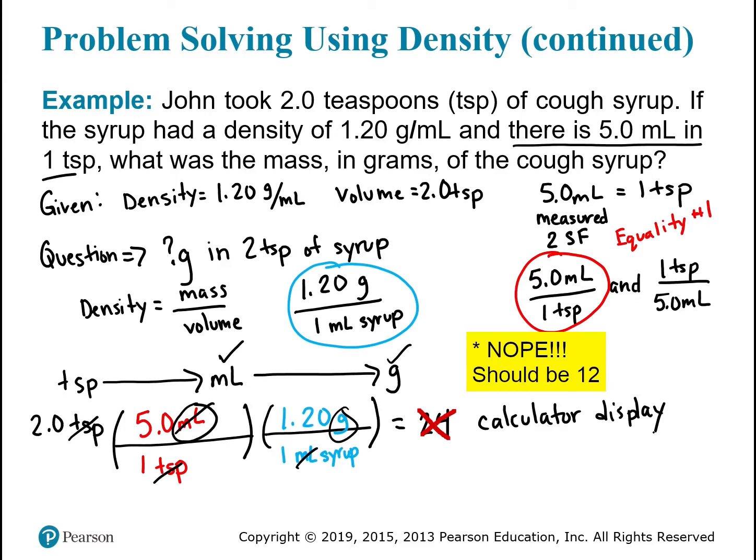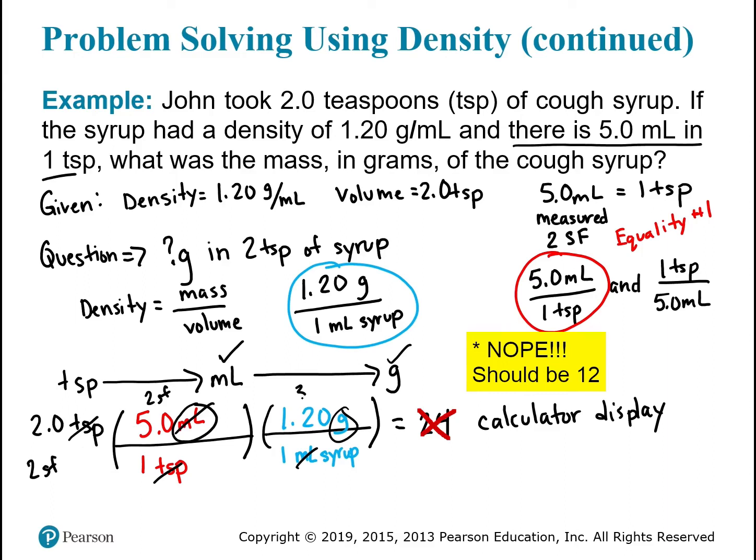Let's look back at all the sig figs we need to consider. We've got 2 sig figs in our measurement of the number of teaspoons that John took. We've got 2 sig figs in the measured value of milliliters in 1 teaspoon.